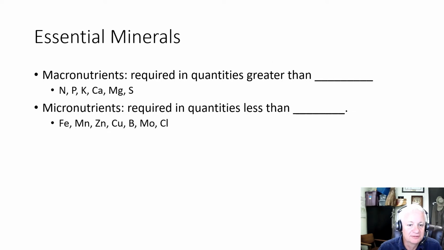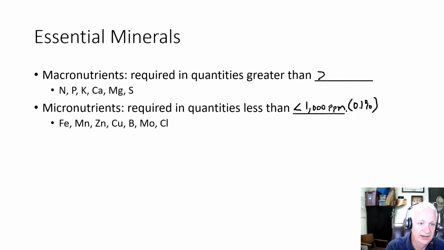It then, of course, follows that micronutrients are required in quantities in the tissue less than 1,000 parts per million, or 0.1% concentration in their tissues.